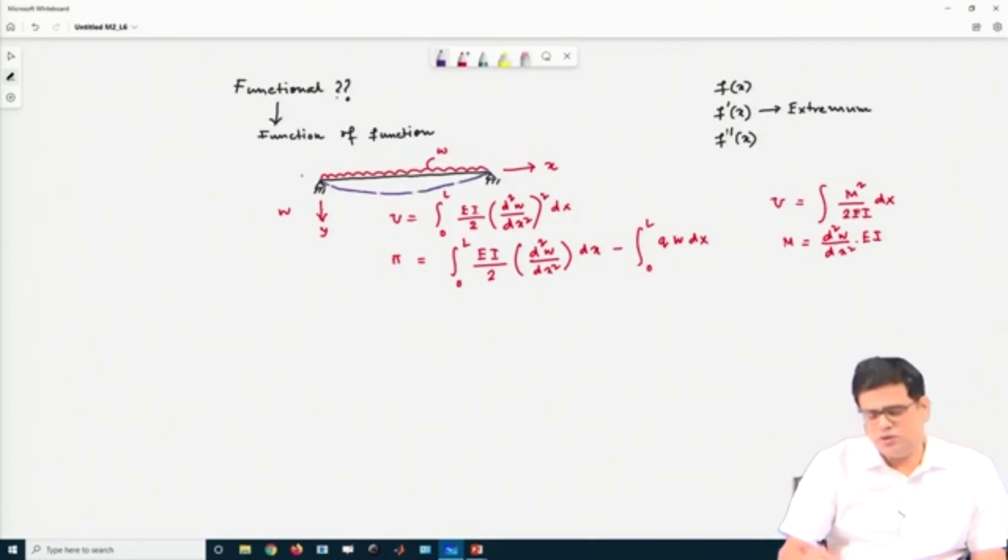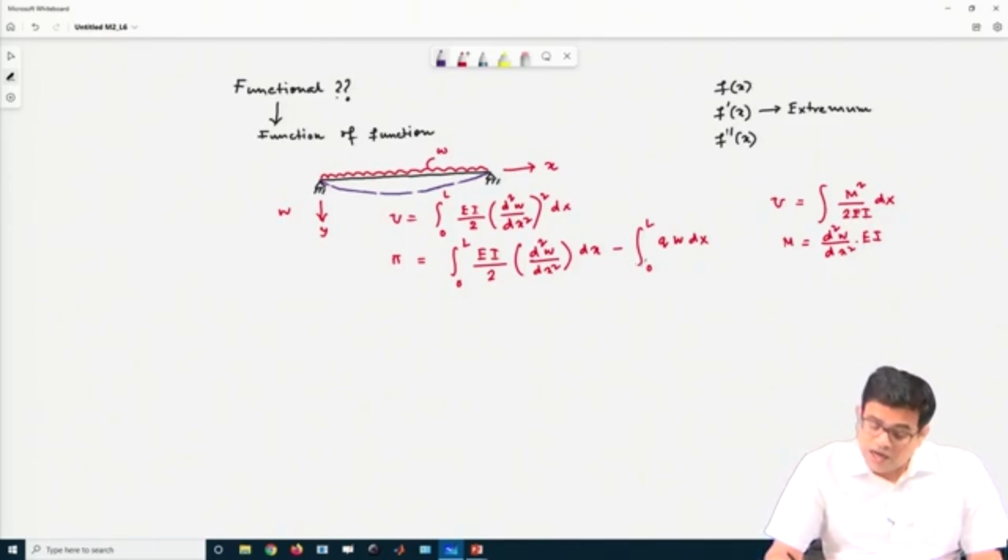So w depends on the x variable. In addition, this potential energy depends on the second derivative of w as well as w itself. This kind of function of functions is known as a functional.